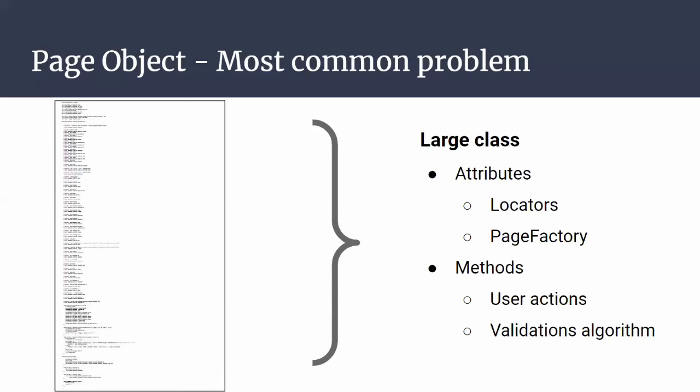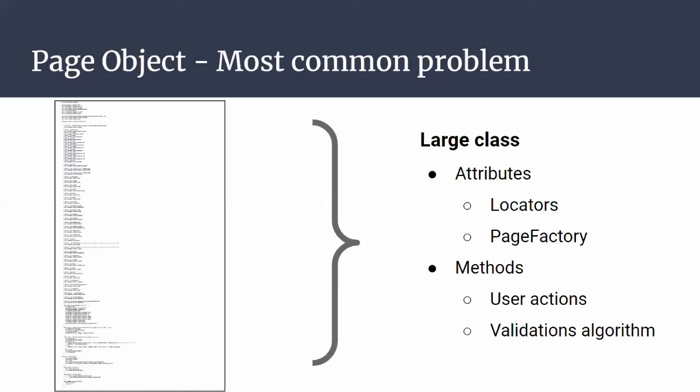our class. And if you use the page factory of Selenium, we will have 2 lines of code for each attribute. And also the page object will have the methods that simulate the user action. If the web application grows, we will have more actions to simulate, and they represent more methods in our page object.